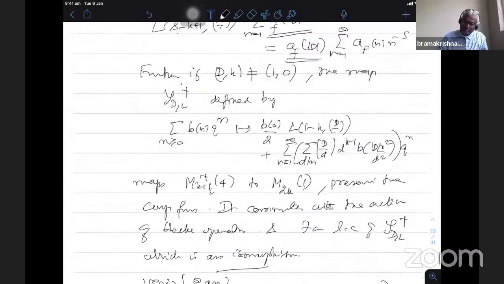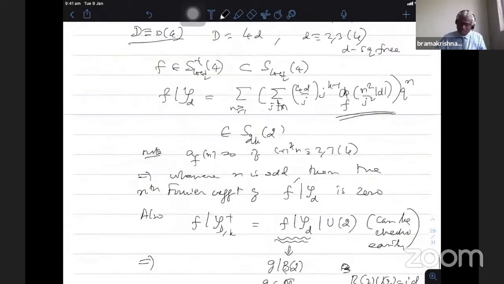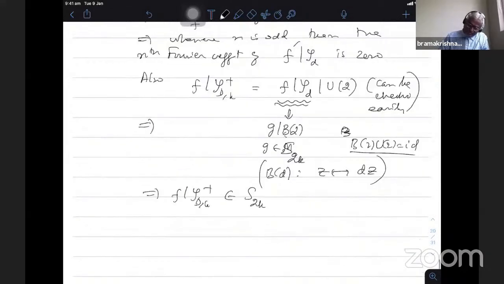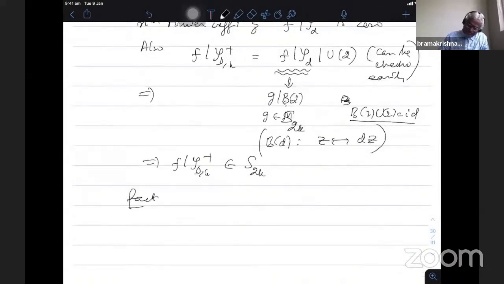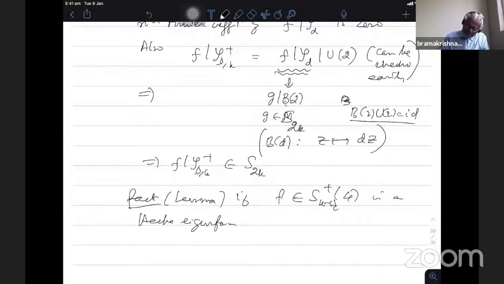He proves in a lemma: given a nonzero Hecke eigenform f in S_{k+1/2}^+(4), there exists a fundamental discriminant D with (-1)^k D positive, such that a_f(|D|) is non-zero.